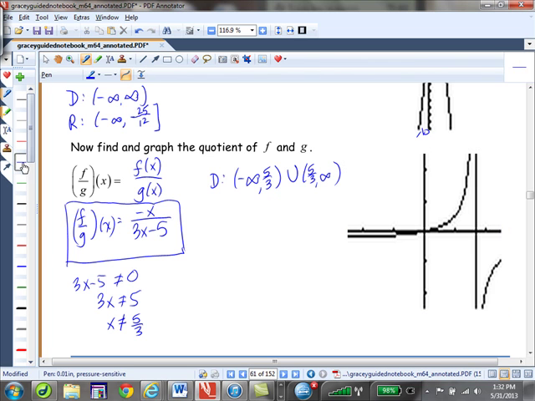There we go. All right, so again, we've got x and we've got our f divided by g at x. And each of those is going from negative 2.5 to 2.5.